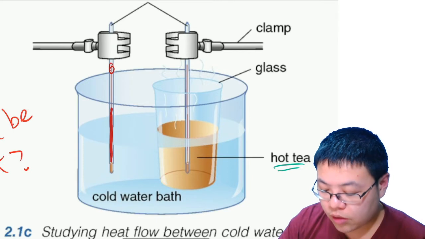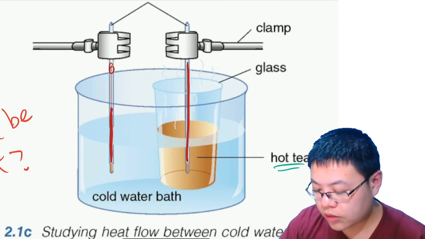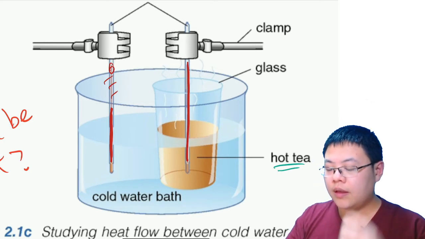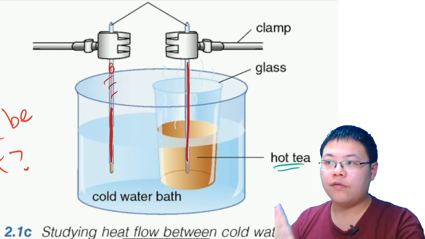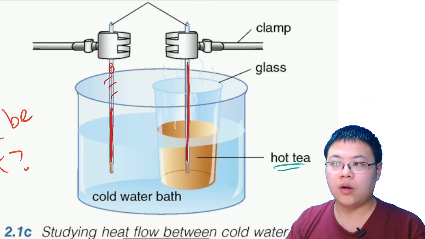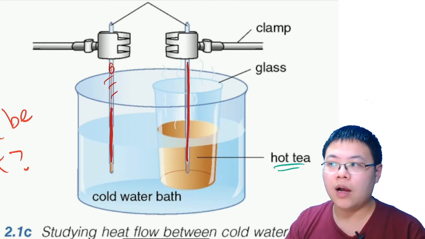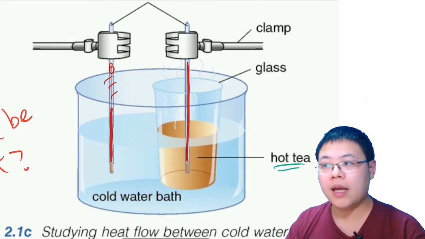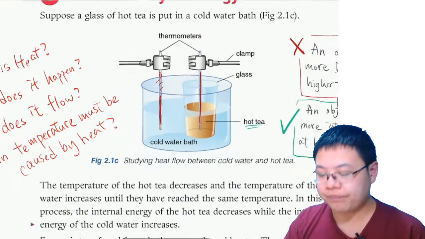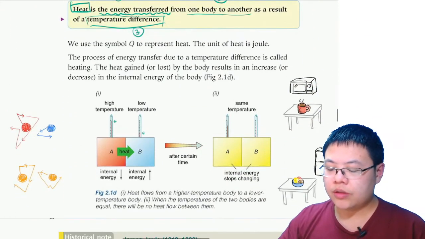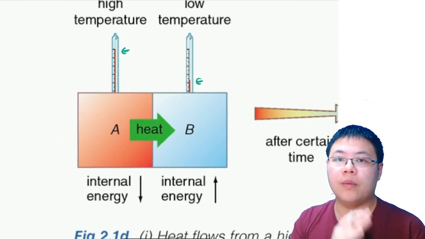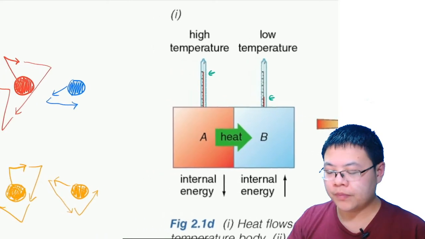Since it is cold and it is hot, there should be a difference in the reading. Heat will flow from the hot tea to the cold water bath, and after a while, you will observe the tea become less hot and the water will warm up. Okay. So now you know it has to be the flow from hot object to cold object.